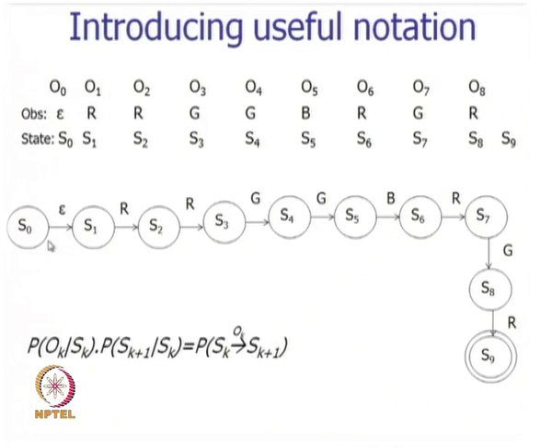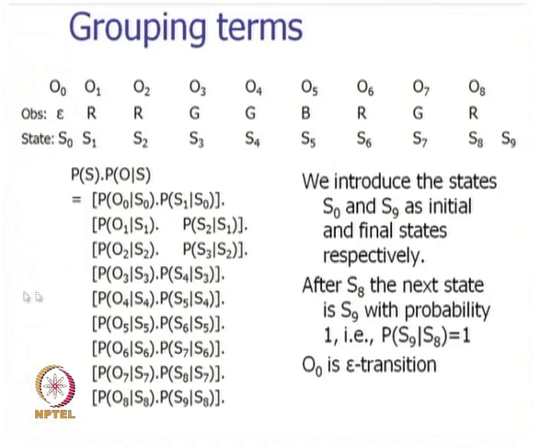All right. So, this expression that we had produced of observation probability and state probability, we group them together. So, P(O0 given S0) into P(S1 given S0), P(O1 given S1) into P(S2 given S1). These are the groups, and for each of them we now have a notation. For example, the notation for this is that this is a state S0 going to S1 on the symbol O0.